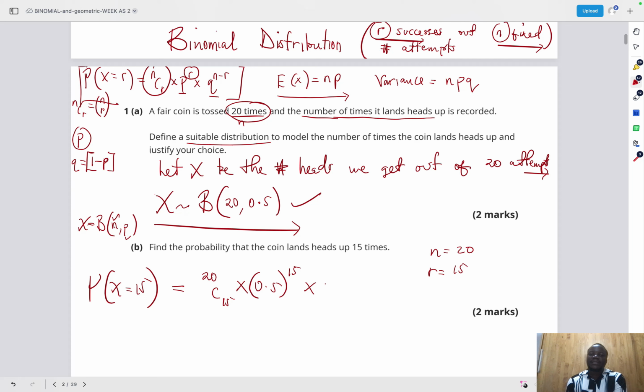Our q is actually 1 minus p, which is 0.5, and then we are doing this to the power of 20 minus 15, as the formula states.